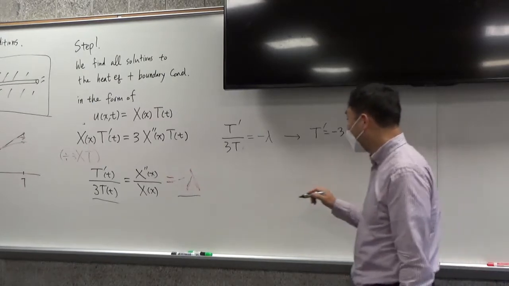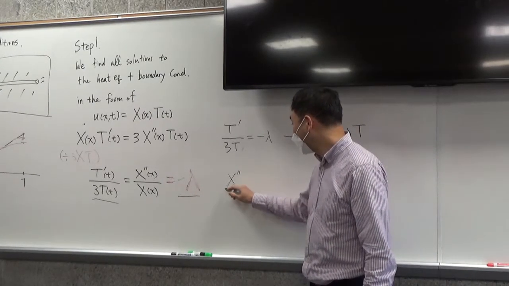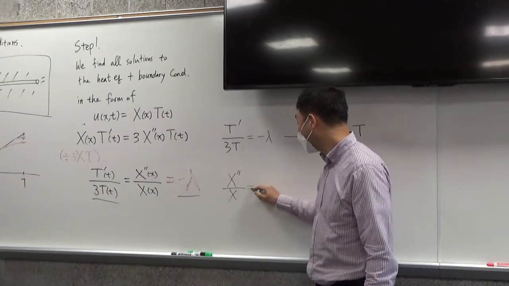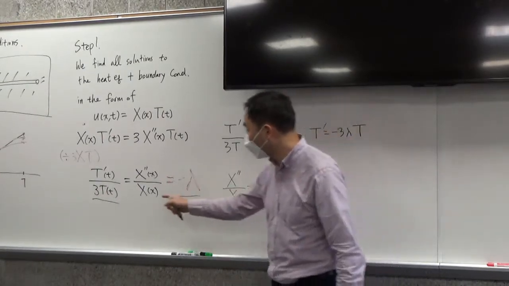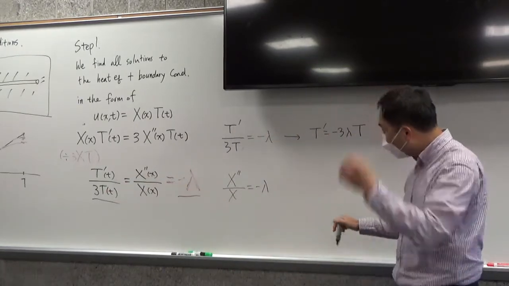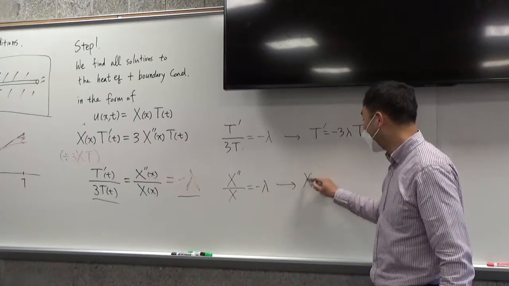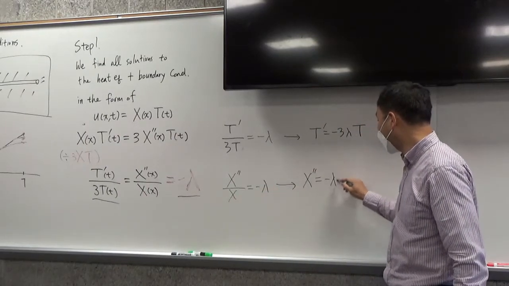Right. Okay, and then x double prime over x equals negative lambda will be the other equation, right? This equals this, and this also equals this. And that one, if you solve by multiplying by x on both sides, you get x double prime equals negative lambda x.